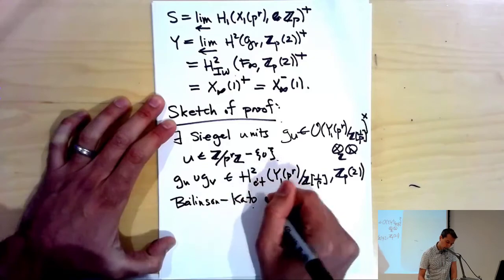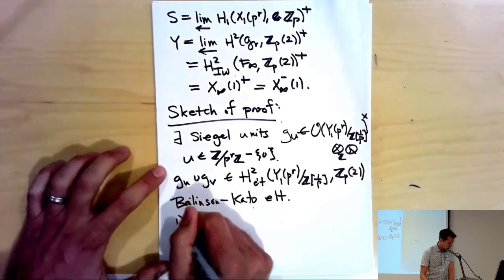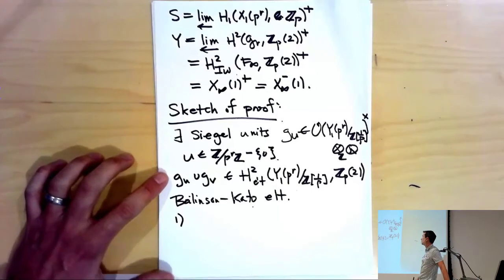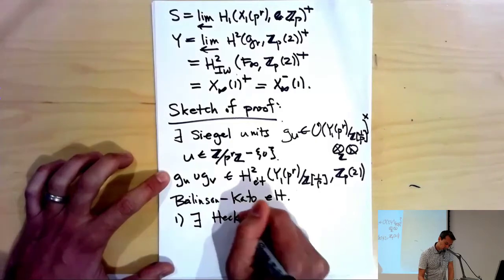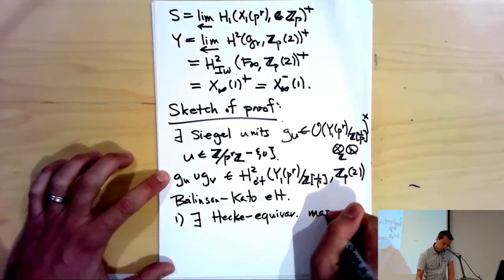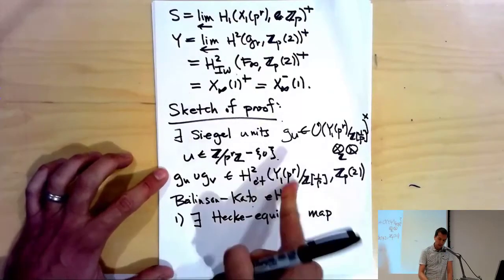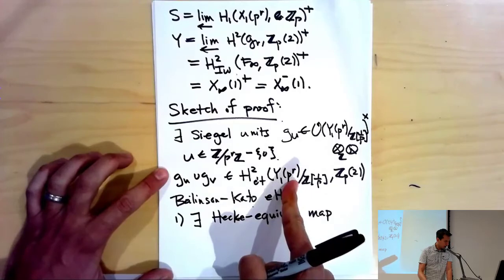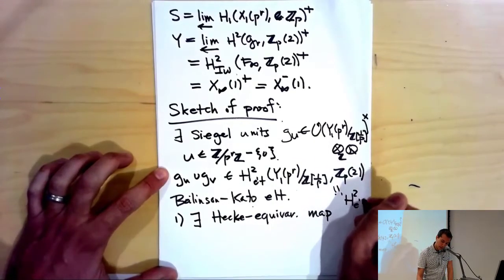Okay, so what are the steps? One is they show that there's a Hecke equivariant map from S to this group. So let's call this H^2 étale.